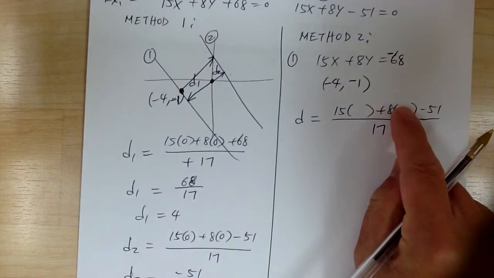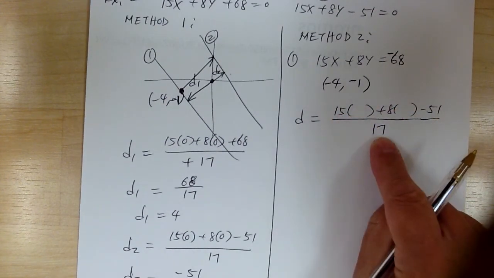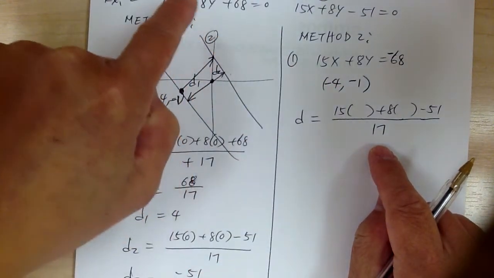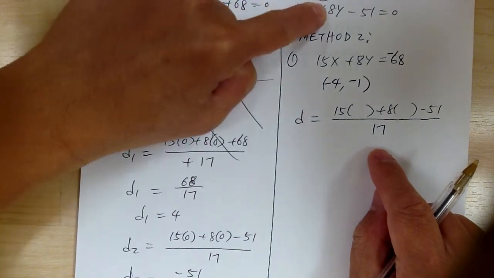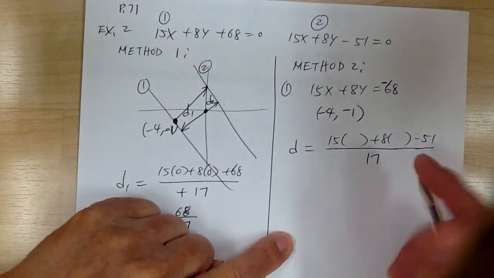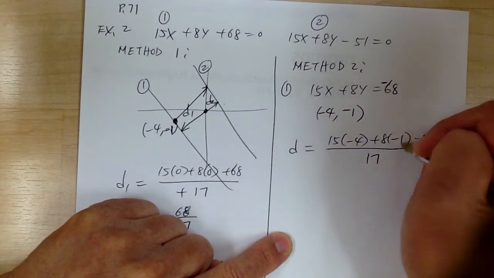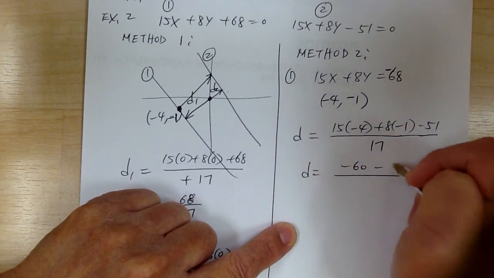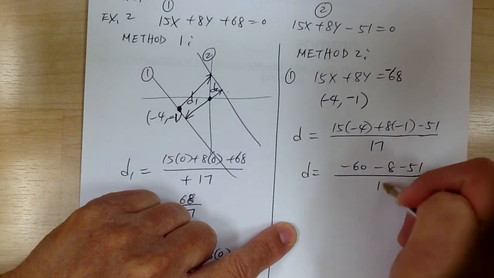Again, special triangle, a squared plus b squared equals c squared. You have to use this point because it's on this line, and you want the distance from this point to the other line. So use negative 4, negative 1. The distance equals negative 60 minus 8 minus 51 over 17.